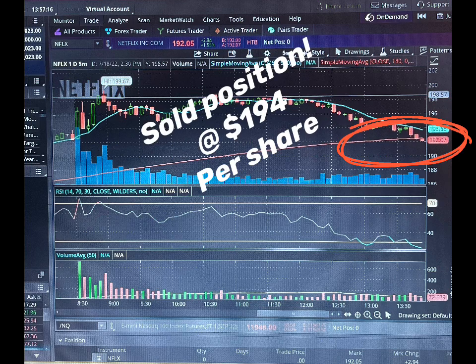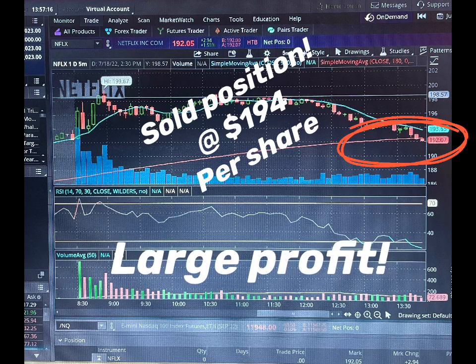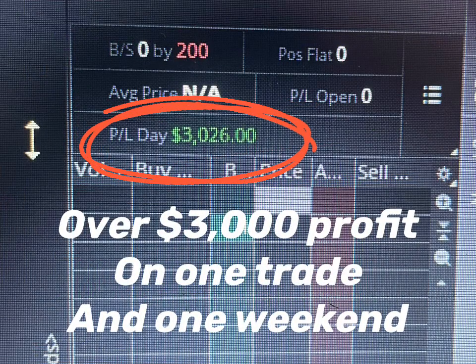So I went ahead and sold out right here at about $194. And so what I ended up with after buying in on a Friday and selling out on a Tuesday, I ended up with about a $3,000 profit for just one trade over the weekend.